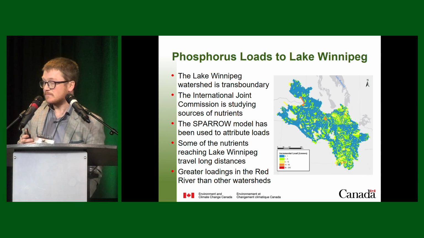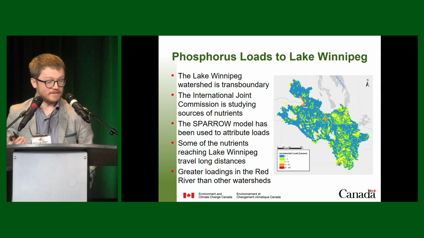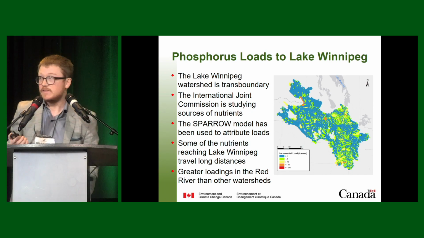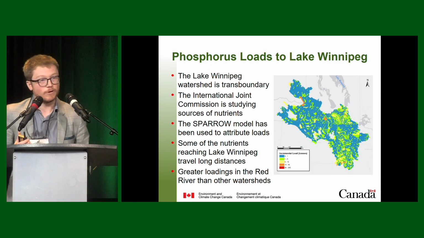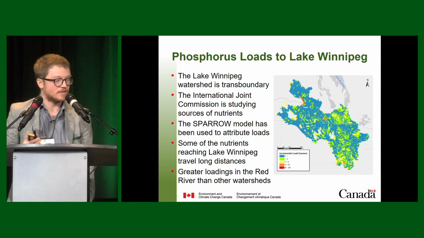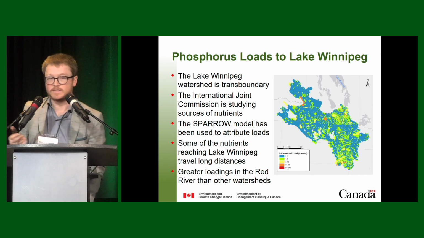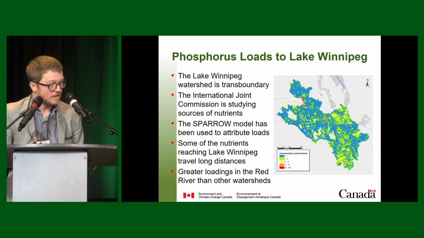The unique aspect about the Lake Winnipeg watershed, of course, is that it is transboundary. And you can see that in the image here on the screen, where, of course, we know it transcends both Canada and the United States of America. And so the International Joint Commission then has an interest in understanding the sources of these nutrients across the watershed.